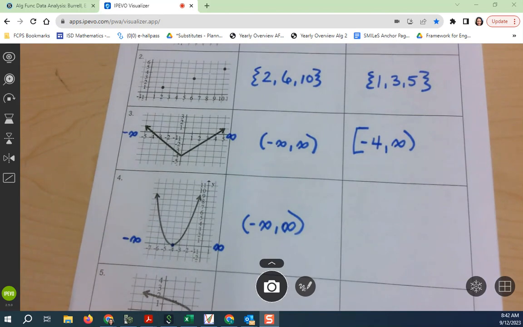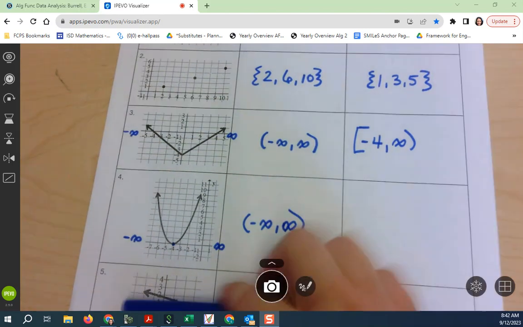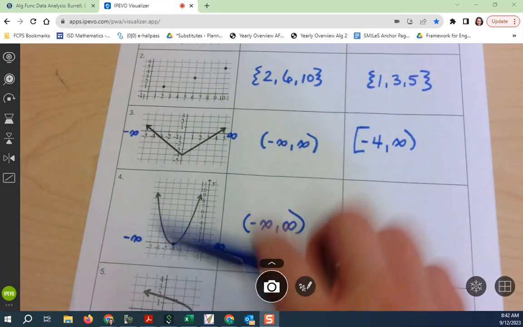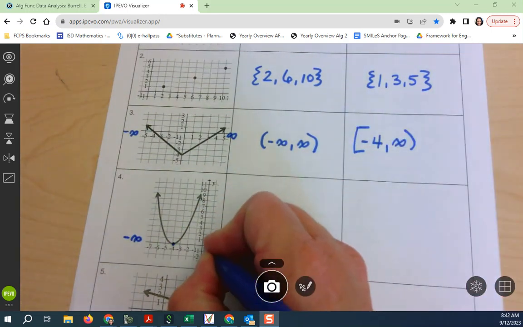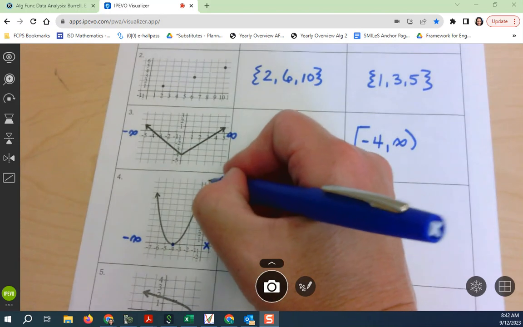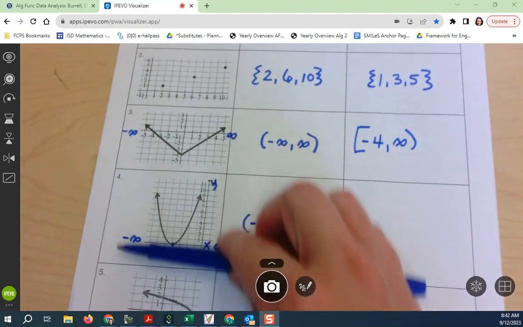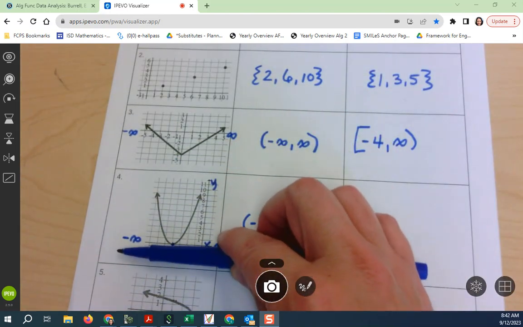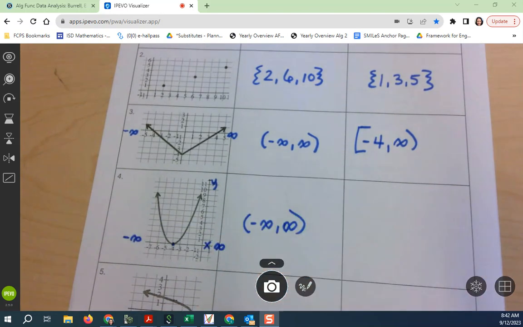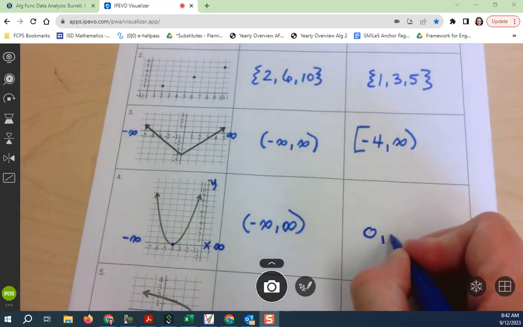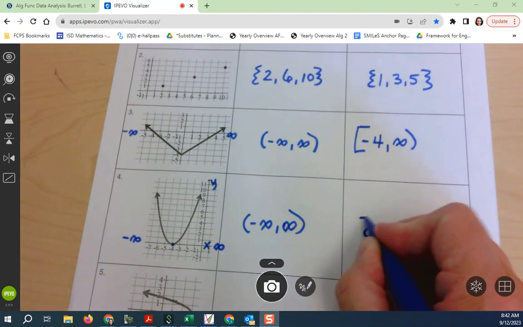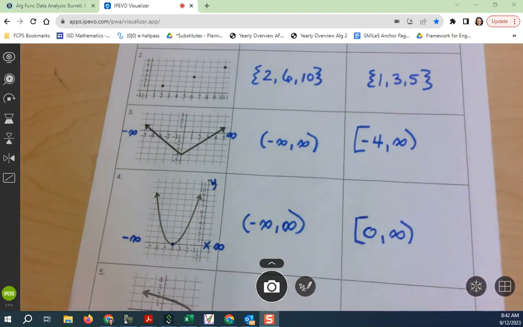It starts at 0 because 0 is the x or the y? Y. The y. Right? So when I'm looking at this point here where I start, you got to ignore the -4 because that's an x number. And you want to look at the y number, which is 0. So if you look down here, can you see how the y's are -2, -1? They're going to be 0 right here. So your range starts at 0 and goes to infinity. That was definitely tricky.